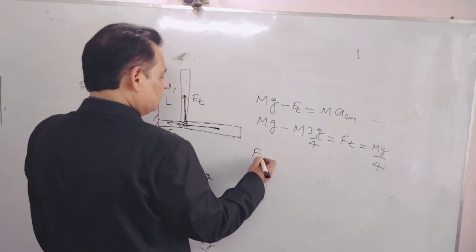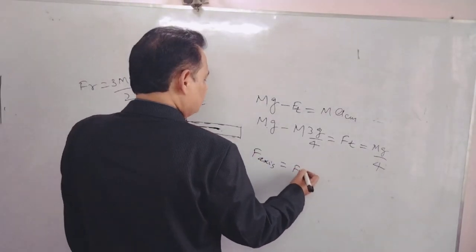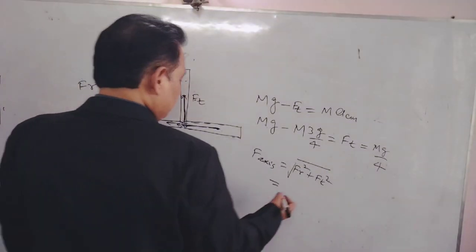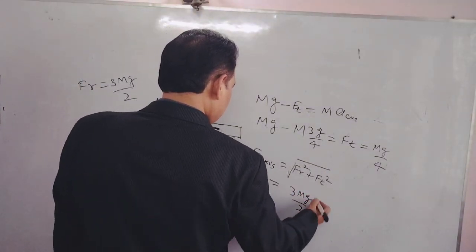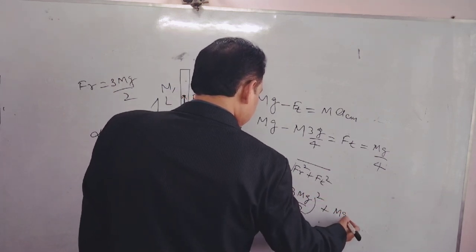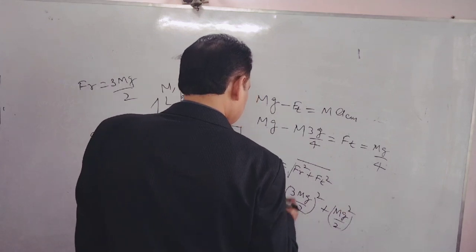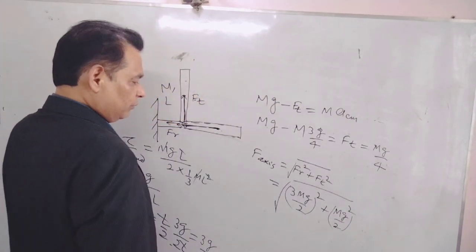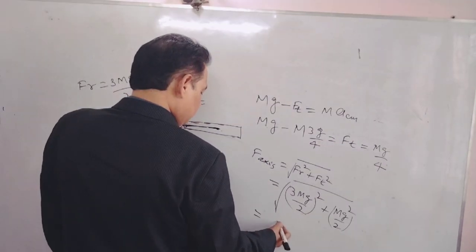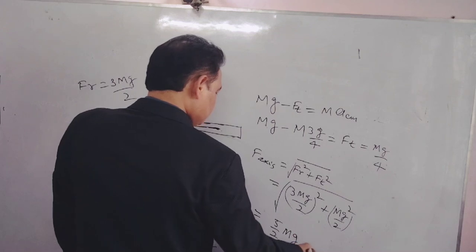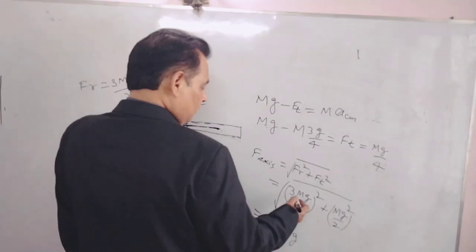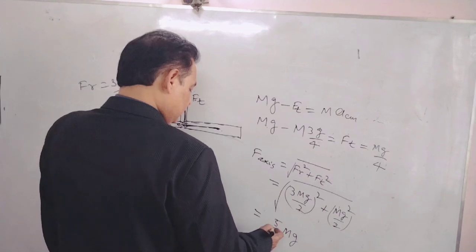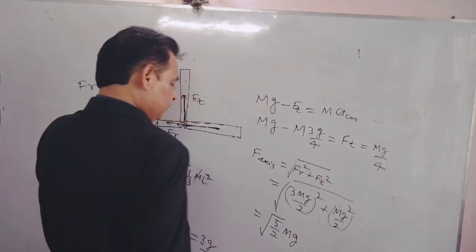So the net force applied by the axis on the rod is the square root of Fr square plus Ft square, that is 3 mg by 2 whole square plus mg by 4 whole square, square root. 9 by 4 plus 1 by 4 is 10 by 4 mg square. 10 by 4 means root over 5 by 2 mg.